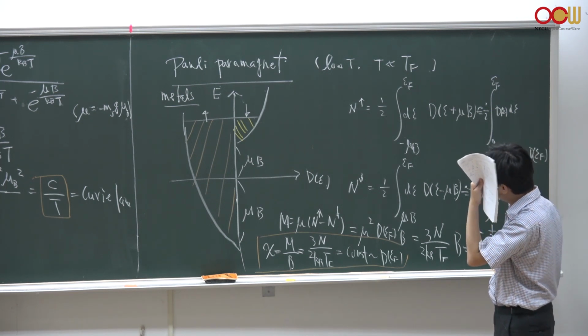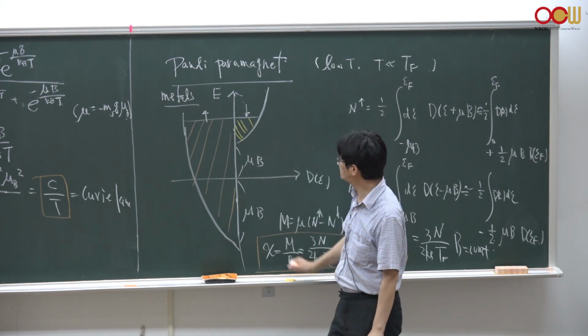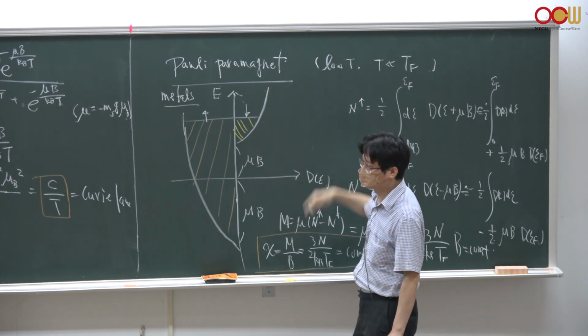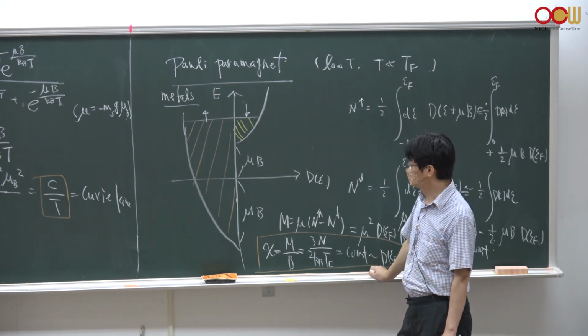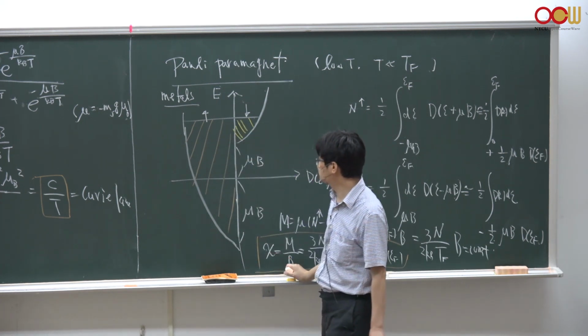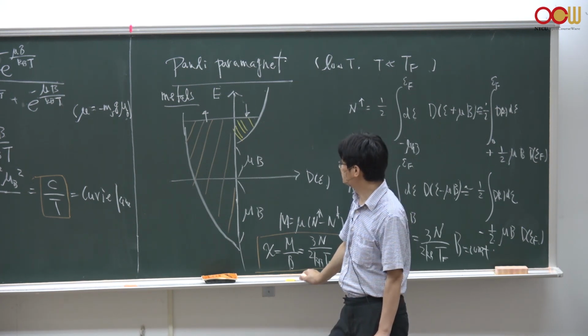Okay, so again, for metals, you get density of states versus the energy, which shows such a parabolic shape. And if you apply the magnetic field in the low temperature limit, you know that this will shift the density of states profile for spin up electrons with respect to the spin down electrons.